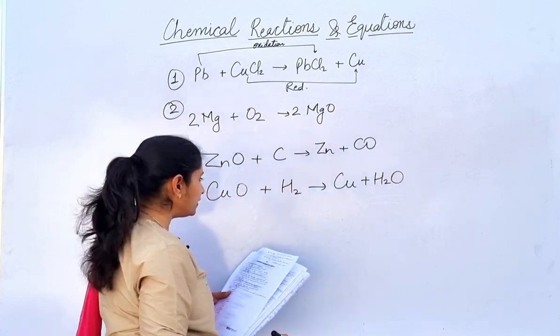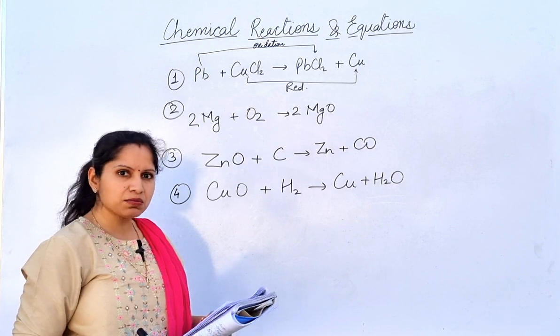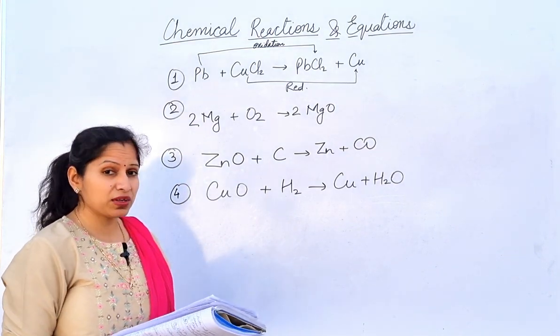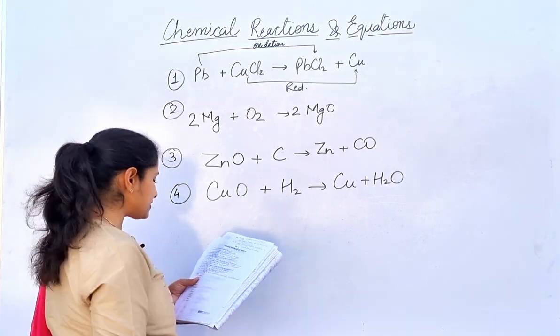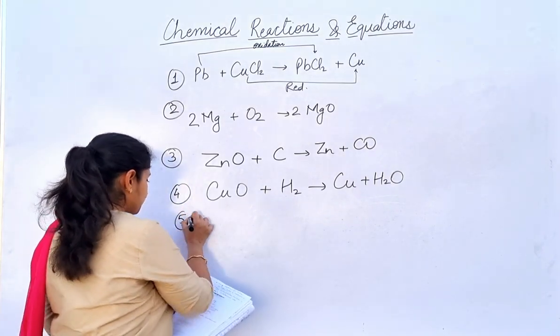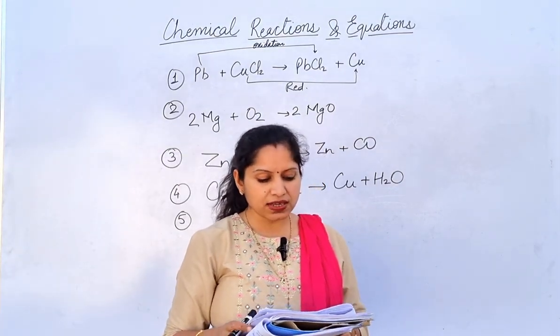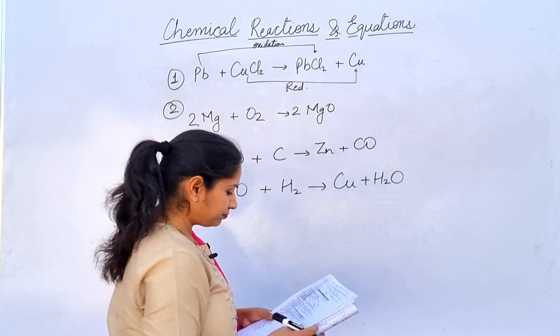It's already a balanced equation, and it's an example of a displacement reaction. Every displacement reaction is exothermic as well as an example of a redox reaction. Okay, so this is also an example of a redox reaction. Now, next one: copper sulfate combines with zinc to form zinc sulfate and copper. Very easy, na?